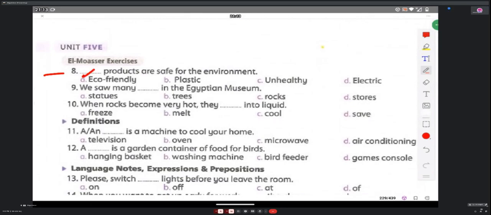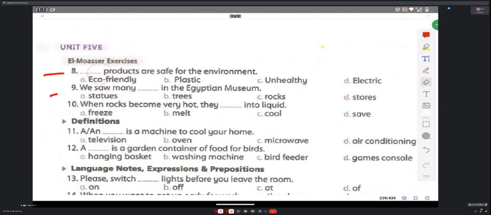Eco-friendly. Number 8. Number 9: We saw many dash in the Egyptian Museum. Many statues. When rocks become very hot, they melt into liquid.